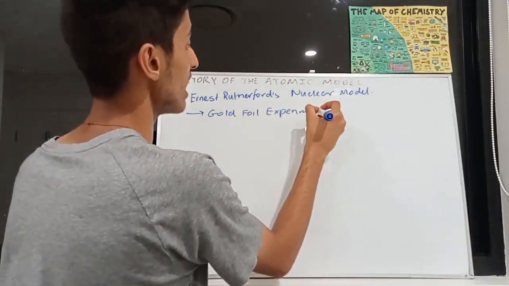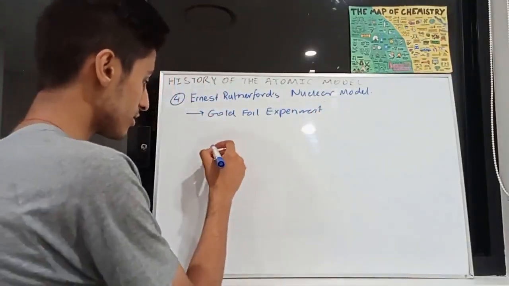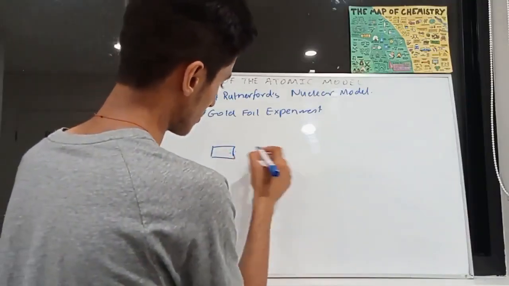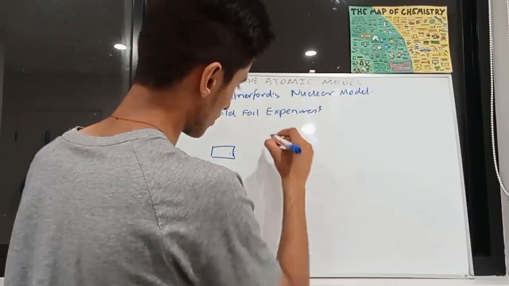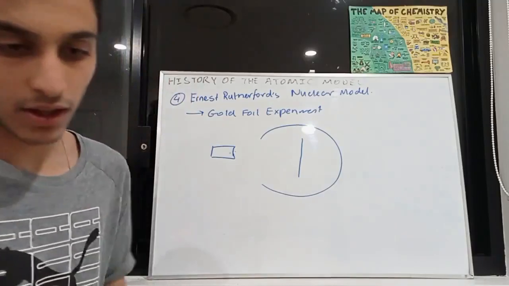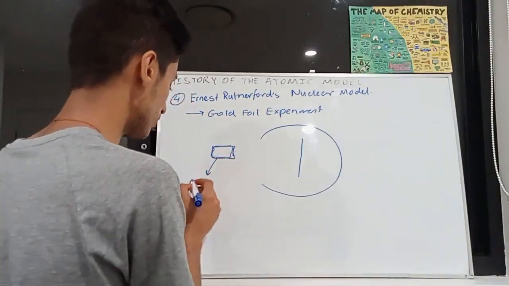Now, how was the gold foil experiment set up? We're just going to go straight into the key aspects of it. It was set up something like this. There was this box, which was the source of alpha particles.